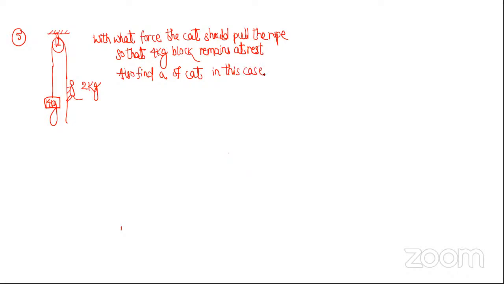Chalo, solve it. 20 Newton? 20 Newton is wrong. 30 Newton is also wrong. Sir, 40 Newton. 40 Newton is correct. अच्छा देखो, I am solving. What is the first step?